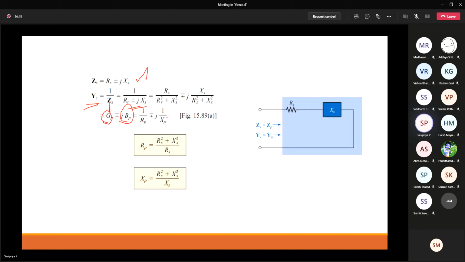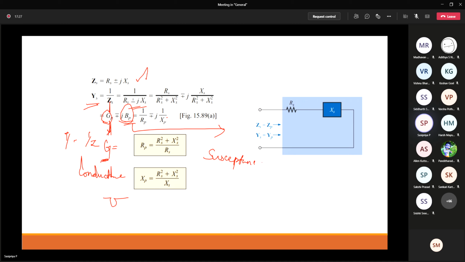Now there are two more new terms, G and B. G you might have heard about. G is nothing but conductance, and the conductance unit is mho. Similarly, B is nothing but susceptance.